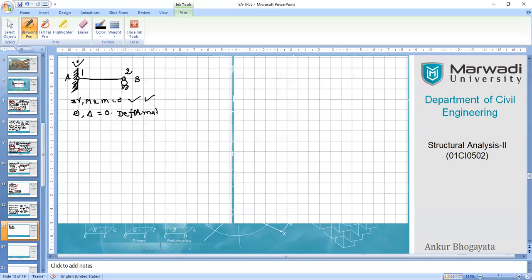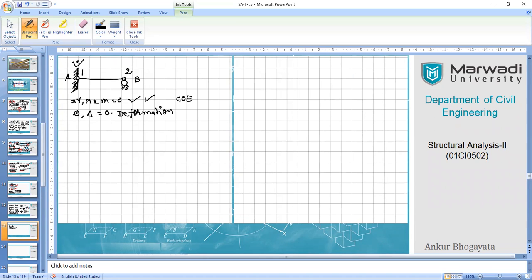So there are two requirements, practically speaking, for any structure to be in equilibrium, or in a safe and stable condition. One is conditions of equilibrium, called COE, and second is conditions of deformation, and that should also behave in the desired manner.